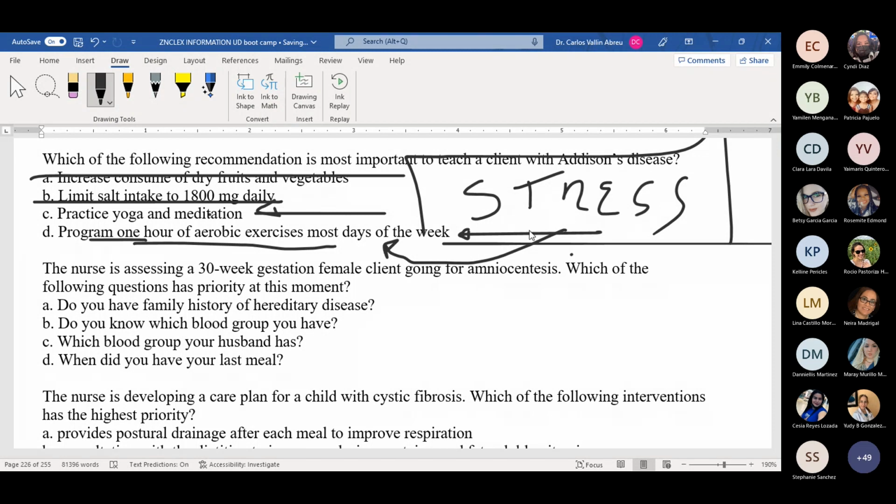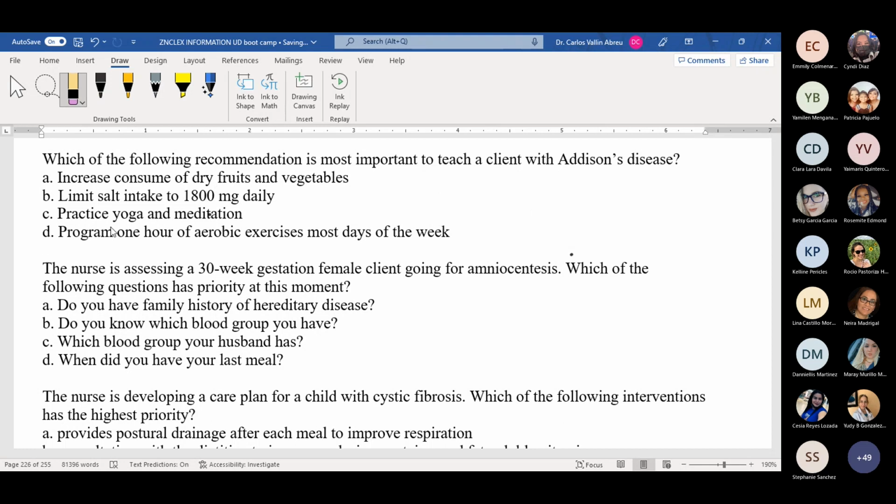But if you have a disease with decreased tolerance to stress, hypotension, and loss of weight, it is not recommended to have this high level of exercising. So yoga and meditation will help the client to manage the normal life stress, and of course, it's a good recommendation.